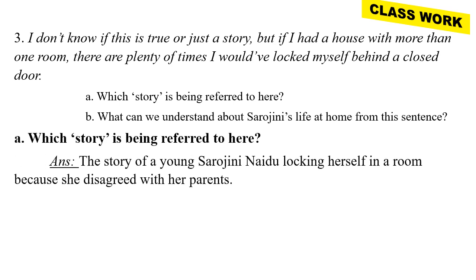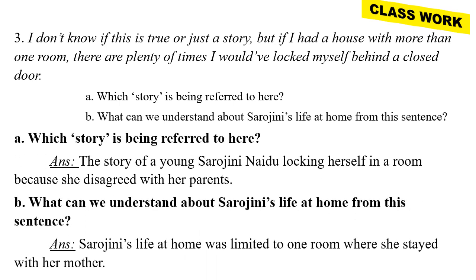Let's write the answers. Which story is being referred to here? The story of a young Sarojini Naidu locking herself in a room because she disagreed with her parents. Her parents told her to speak only in English instead of Bengali, so she got so angry.